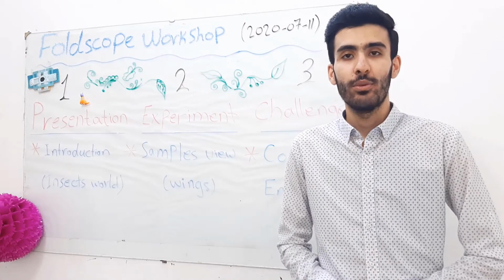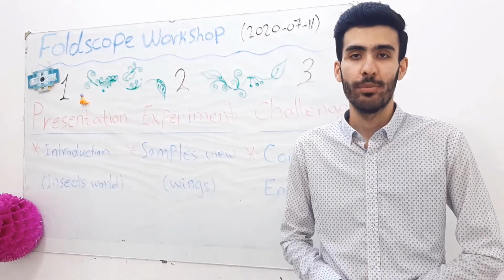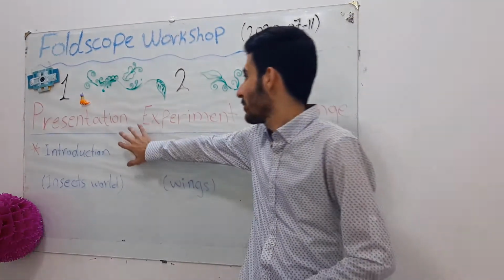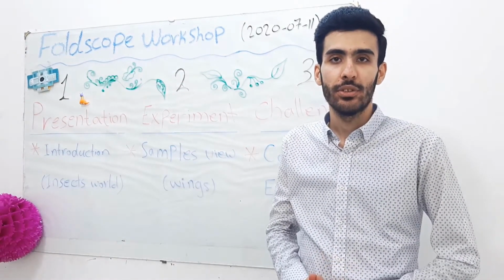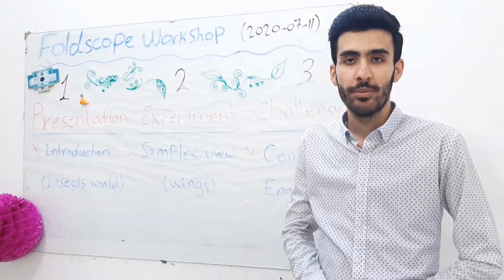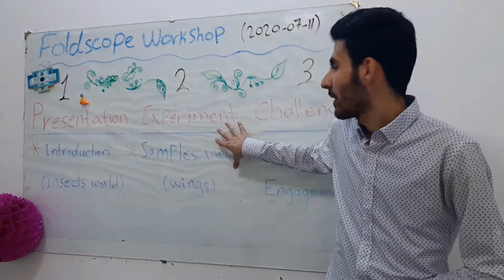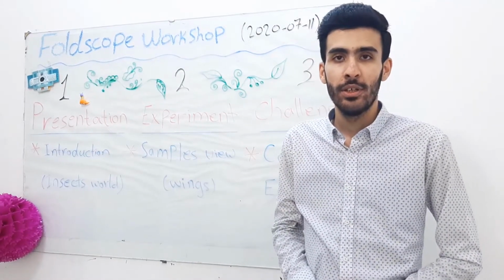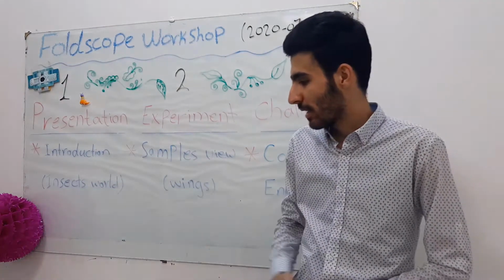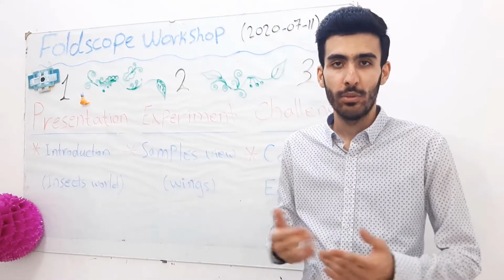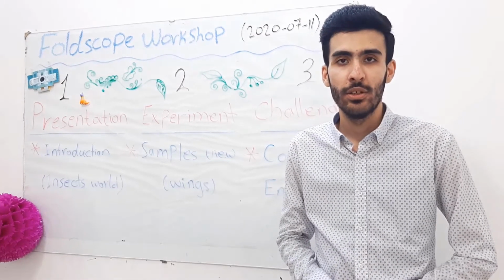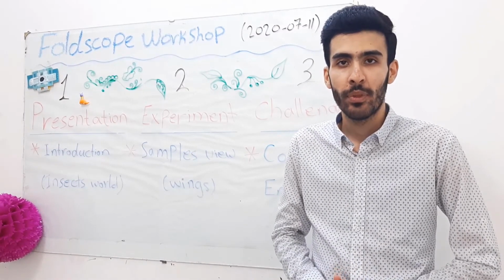First of all, I would like to walk you through the parts of this workshop. First, we are going to have some brief presentation as introduction for the insects world. And second, we are going to make experiments and look at the samples that I have here. Of course, they are insects, and we are going to prepare slides to see their wings.